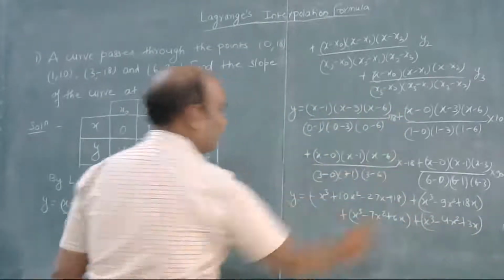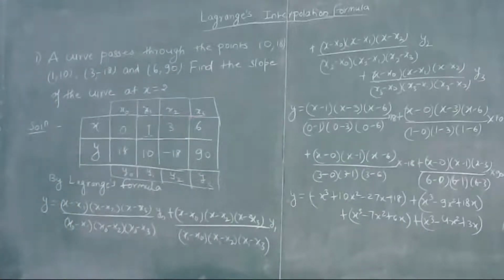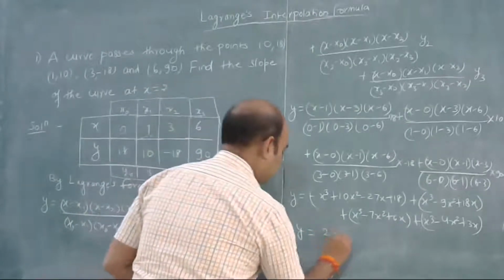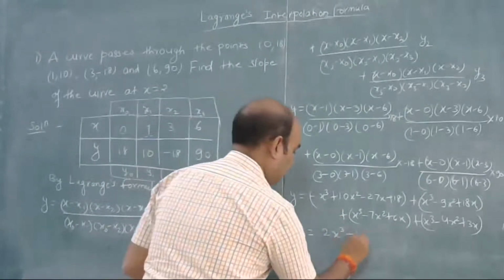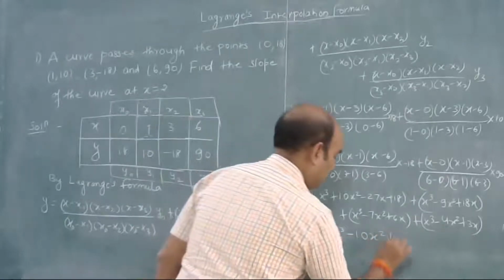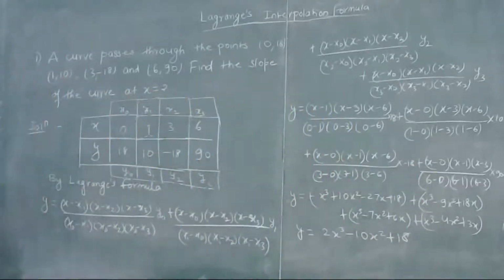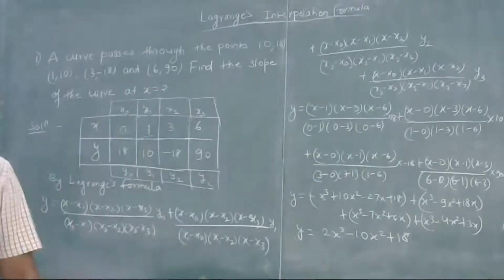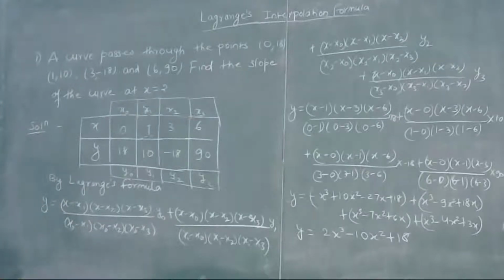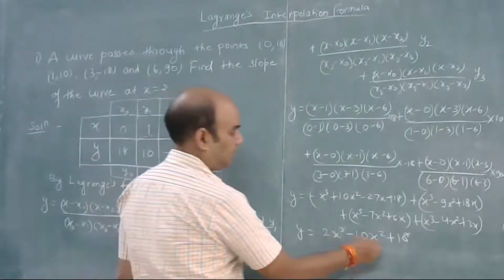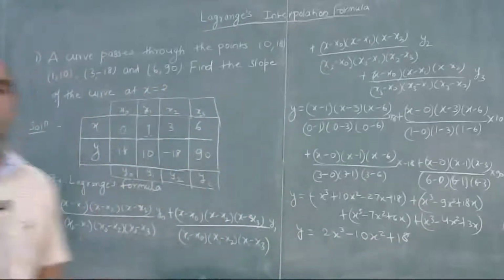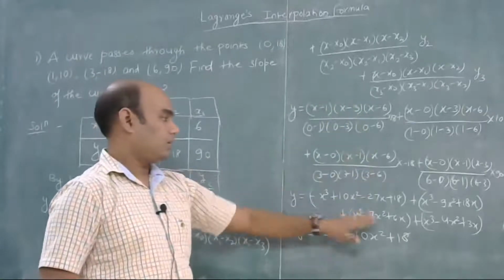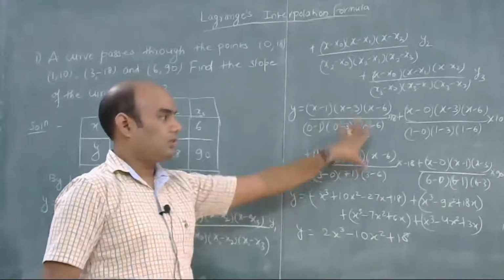On solving this, you will get y equal to 2x cube minus 10x square plus 18.